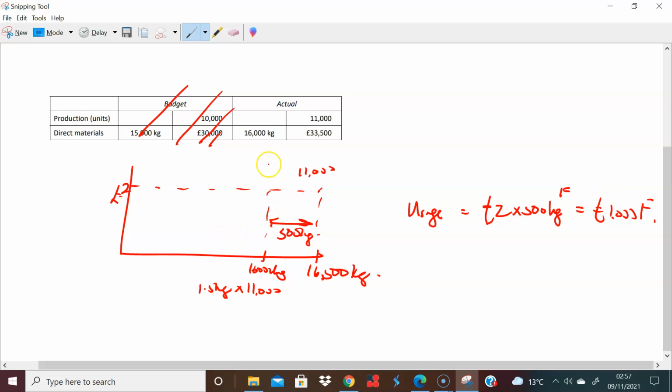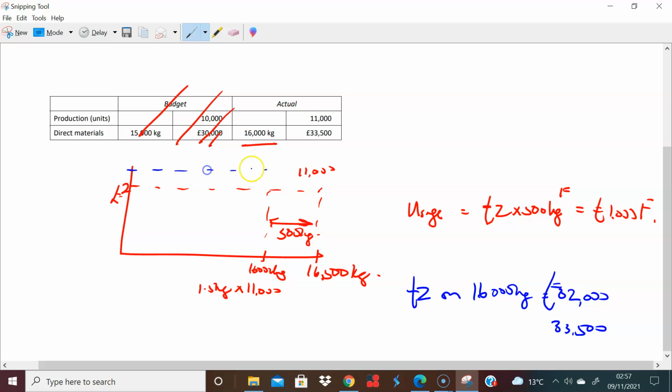What actually happened was you used 16,000 kilograms. You should have spent £2 on the 16,000 kilograms, which would have been £32,000, but you spent £33,500, because we know that's what you spent.